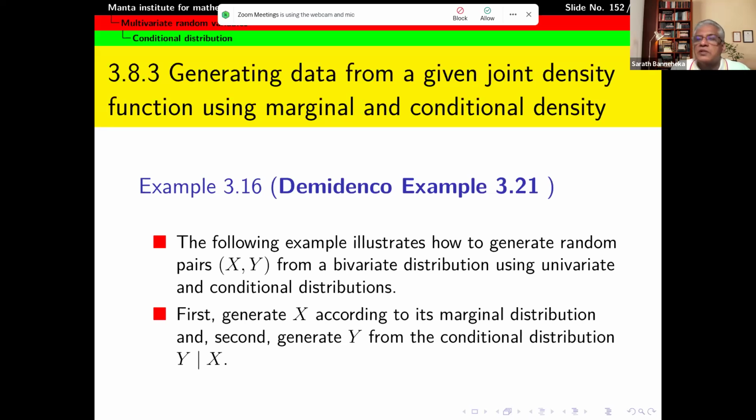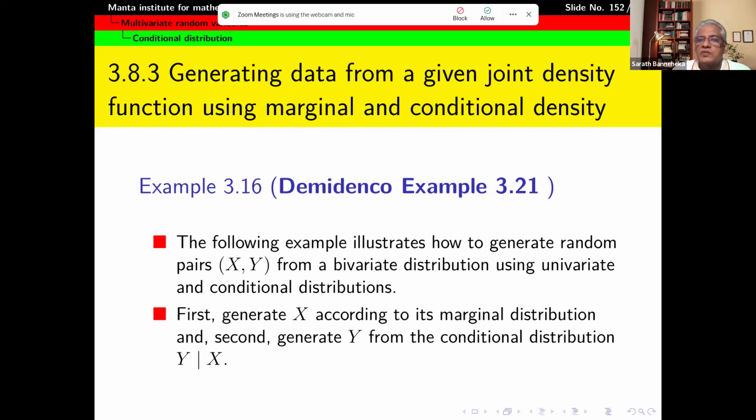We'll be considering a certain joint density from which we want to get the data, but we don't know how to get the data. We have to generate X, Y points, and one observation will be a pair of values, X and Y. We don't know how to generate those X, Y so that they can be considered as coming from a given joint density. So through this example, I'm going to give you a method for that.